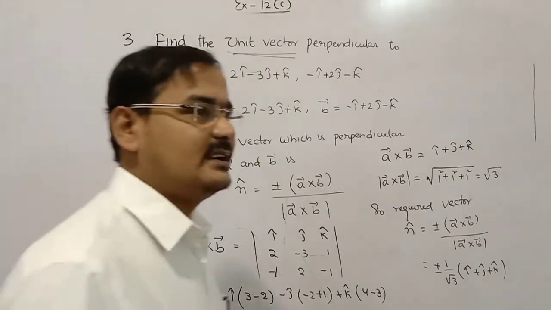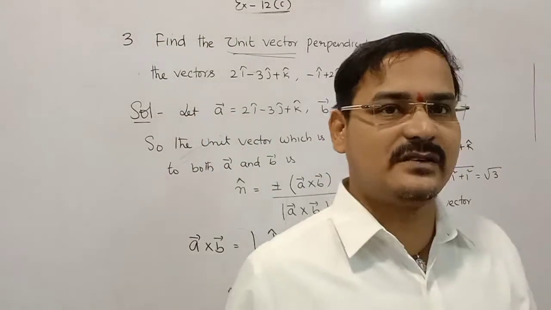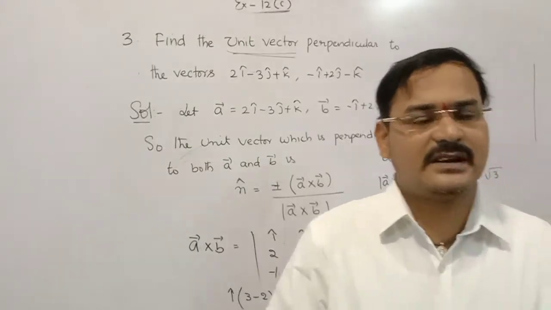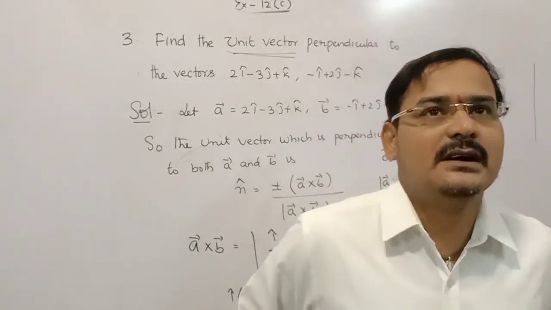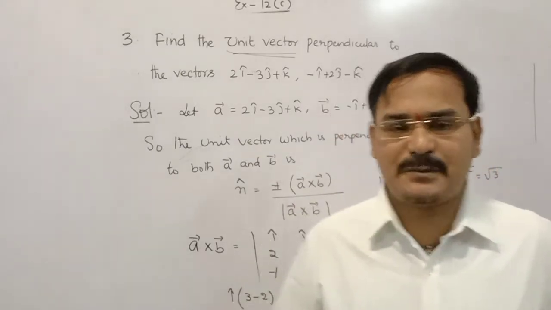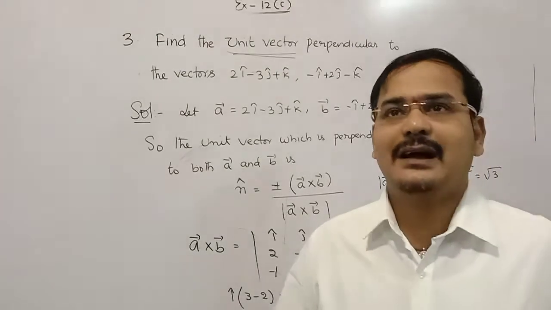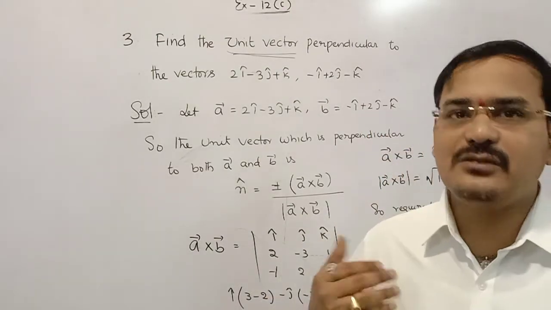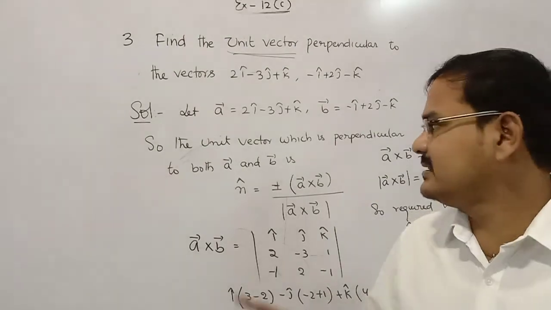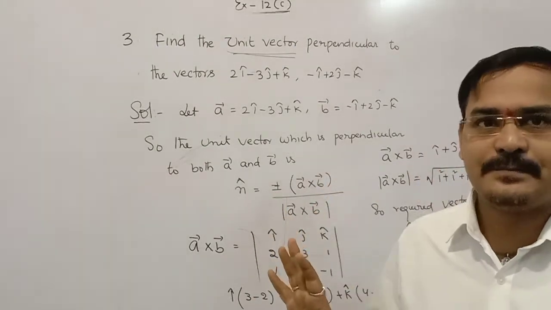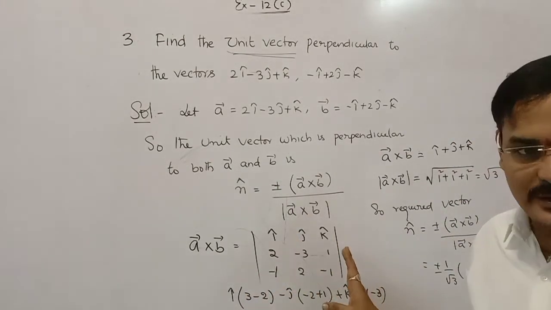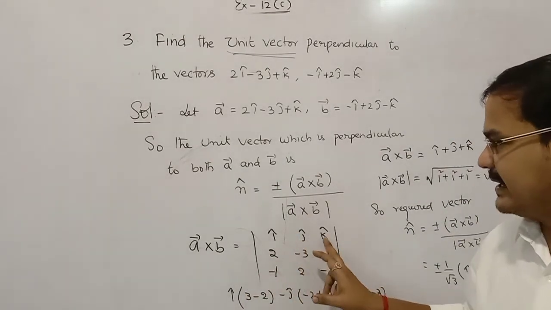What he did here: he asked to find the unit vector perpendicular to both vectors. You know that A bar cross B bar is always a vector perpendicular to both A bar and B bar, and since he asks for a unit vector, you divide it by the magnitude. He does not ask anything about the direction, so you take plus or minus. Before that, first find A bar cross B bar using the determinant formula with i bar, j bar, k bar.